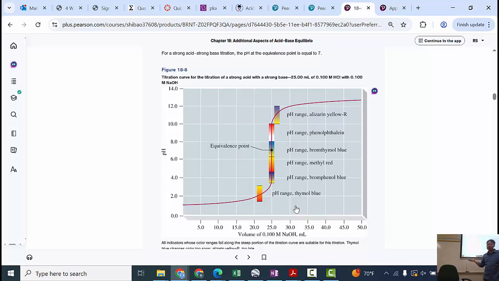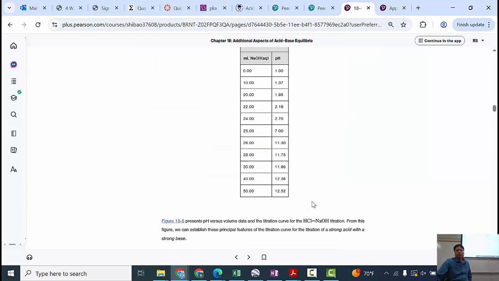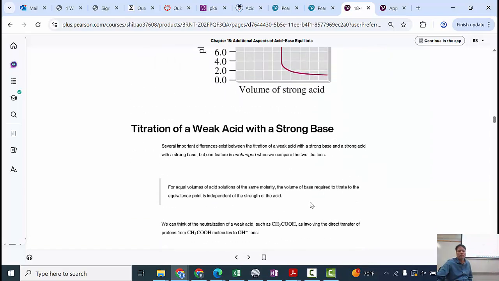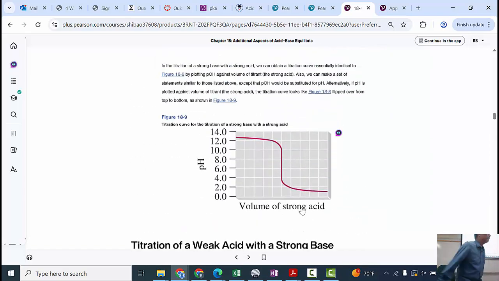But we can use a strong acid or a strong base to make a buffer by titrating. So here's a base. We're starting off with the base in the flask and adding acid from the burette. And so this is inverted. But this is a buffer region here.